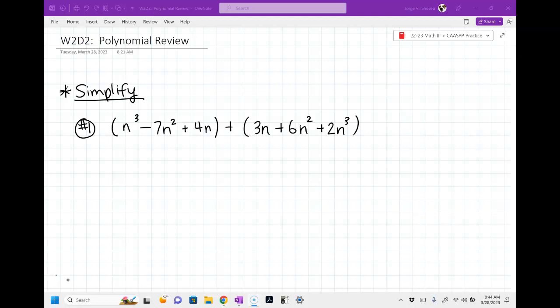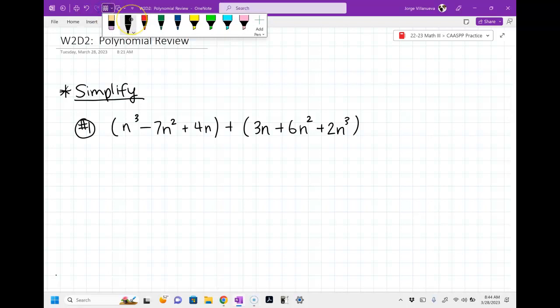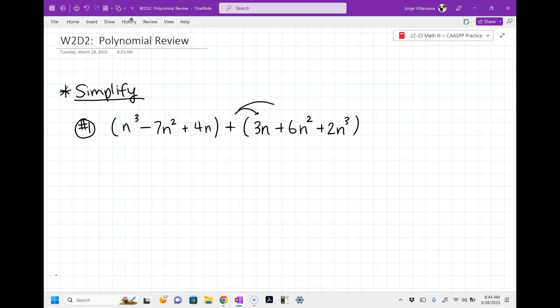This is just a simplified problem, and it's a trinomial plus a trinomial. And then later on, I'll remind you what happens if it's minus. But right now, this is just plus. So if you're adding, then whatever the term is in here, you would have to distribute it.